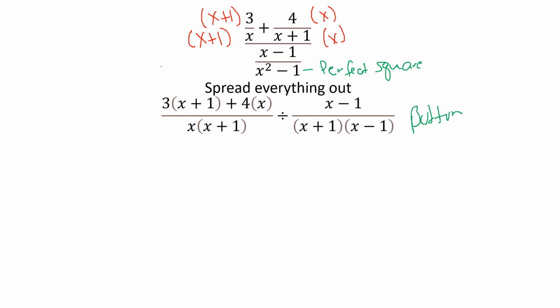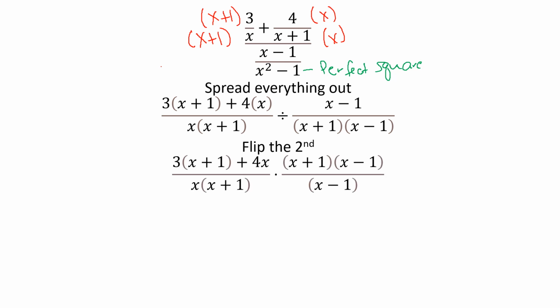So I went ahead and stretched out my factoring and wrote my common denominator process out. Now I'm going to flip the second, because that's how we divide fractions. Keep the first, flip the second. Let you get caught up for a second in your notes.